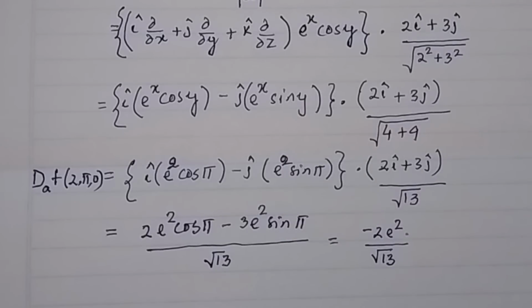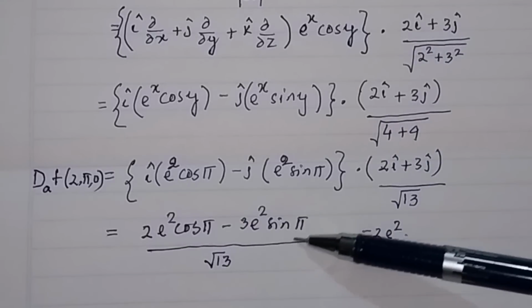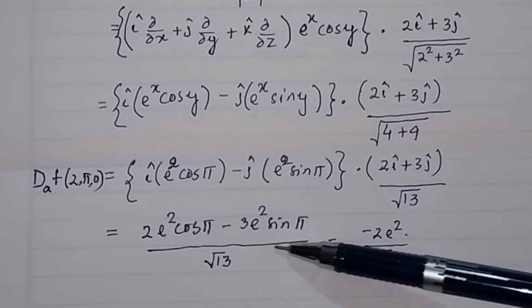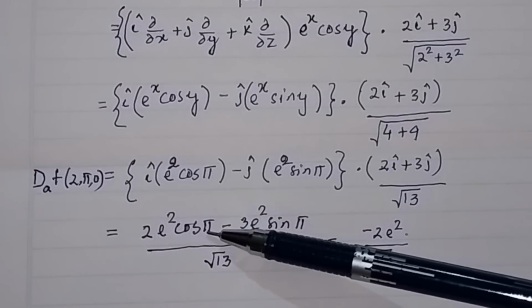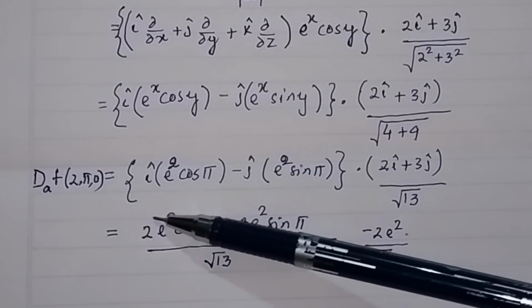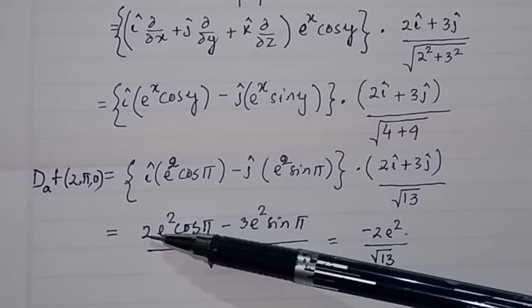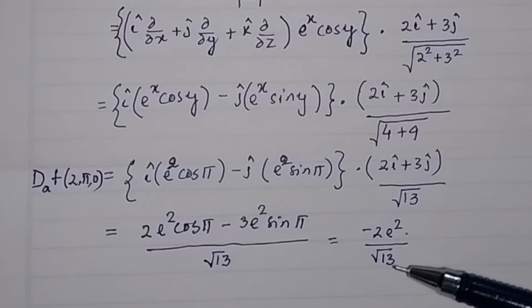So we know sin pi is equal to 0, so this second term will be equal to 0. Only the first term remains, because cos pi is equal to minus 1, so the numerator will be equal to minus 2 e squared, so minus 2 e squared divided by the square root of 13.